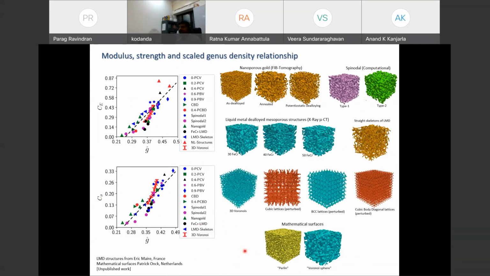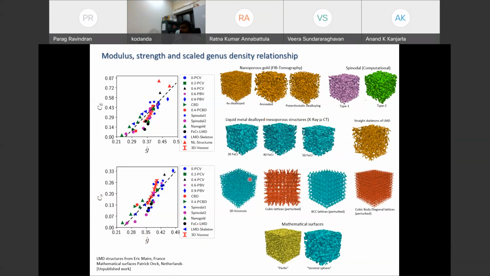Yeah, thank you, sir. So here then what you can see is that we have done a similar exercise of trying to quantitatively get the connectivity information in a parameter called genus, which is a measure of the connectedness in the structures.